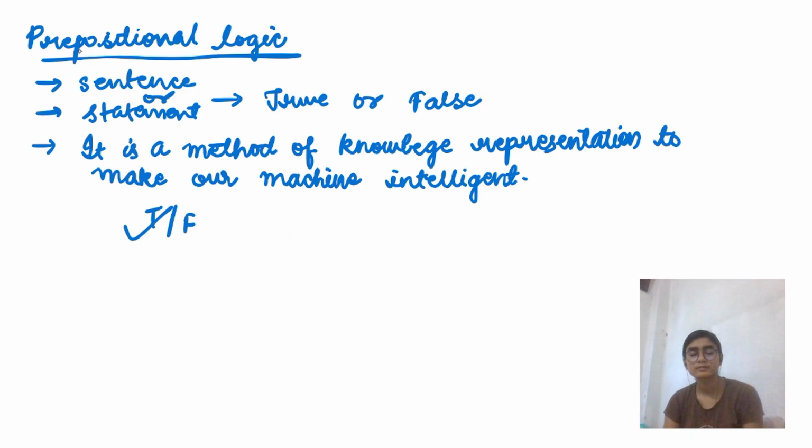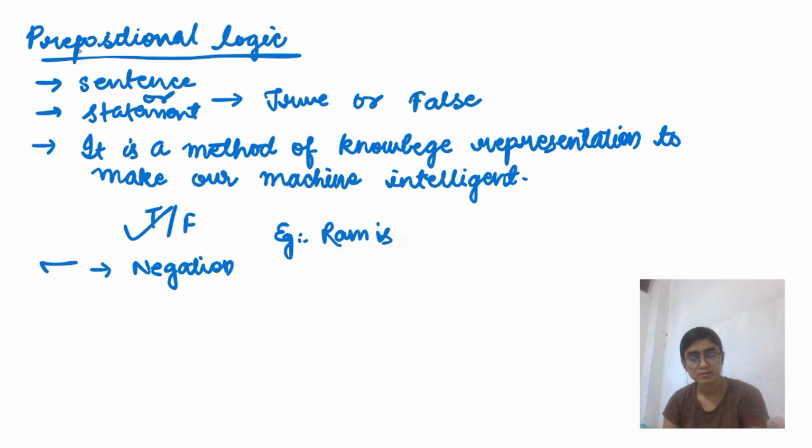Okay. In propositional logic, we use some symbols. This symbol is called negation. Like if I say, for example, Ram is 29 years old.